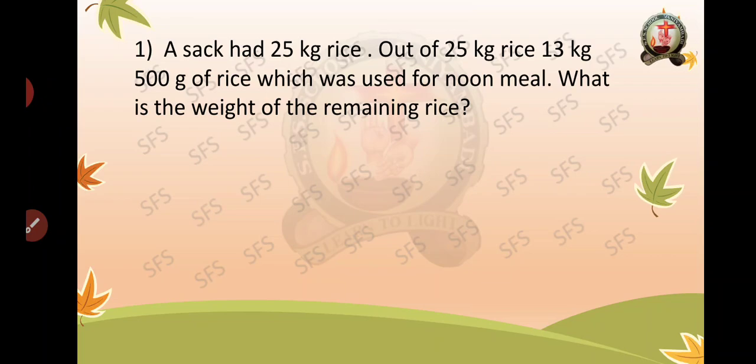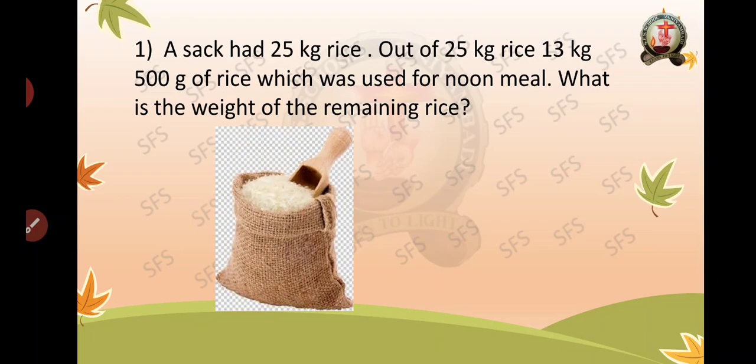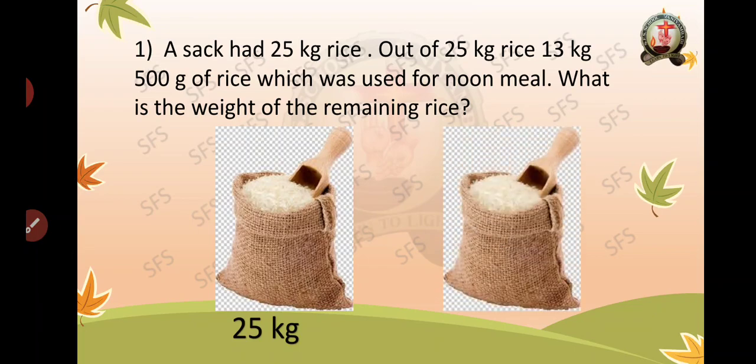Just keep in your mind, if the word remaining is mentioned in the question, then it is subtraction. Here in the question they have given you a sack, this is the sack, it has 25 kg of rice. How many kg? Yes, 25 kg. Out of this 25 kg, 13 kg 500 gram of rice is used for noon meals, that is used for lunch.